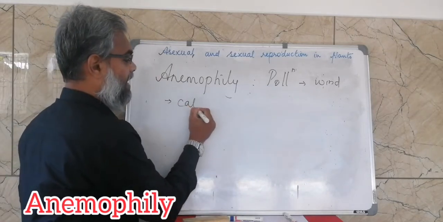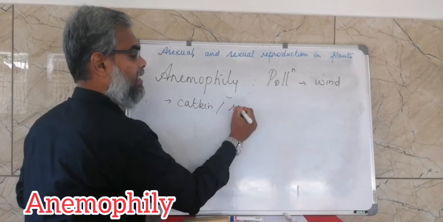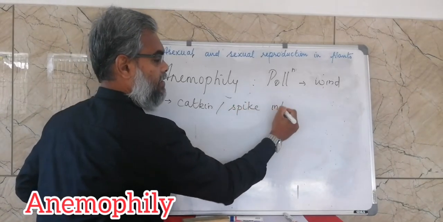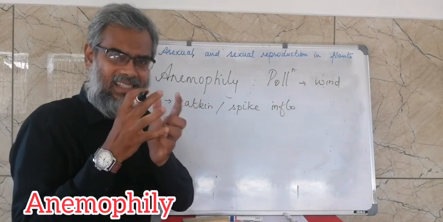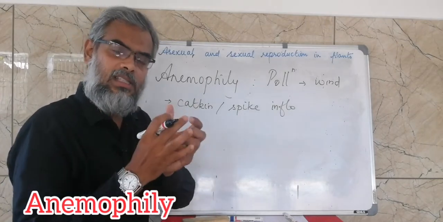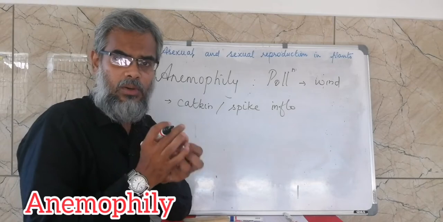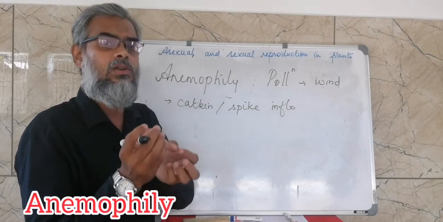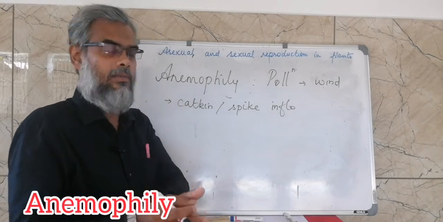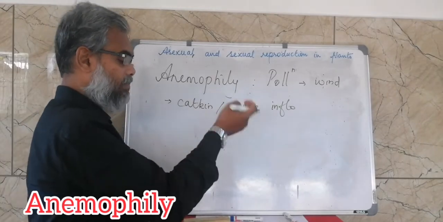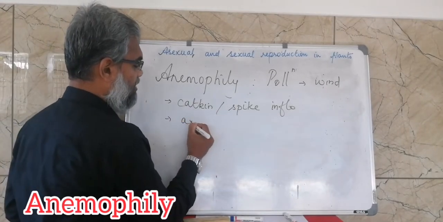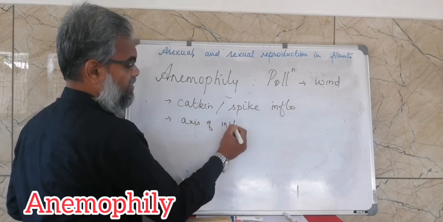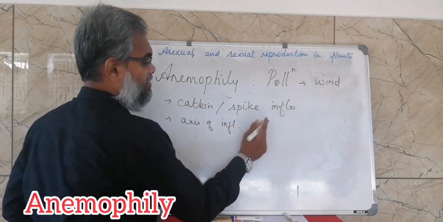If it is a catkin or spike inflorescence. Catkin, you know, is a cluster of flowers. Inflorescence itself is a cluster. There will be no stalk, and the flowers will be very, very small. So it may be catkin and spike inflorescence. And you see the axis of inflorescence elongates.